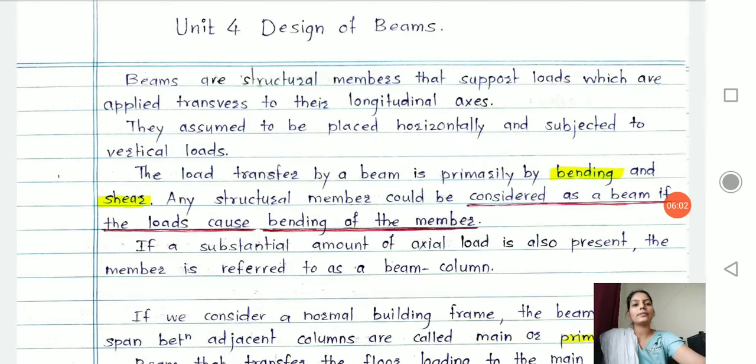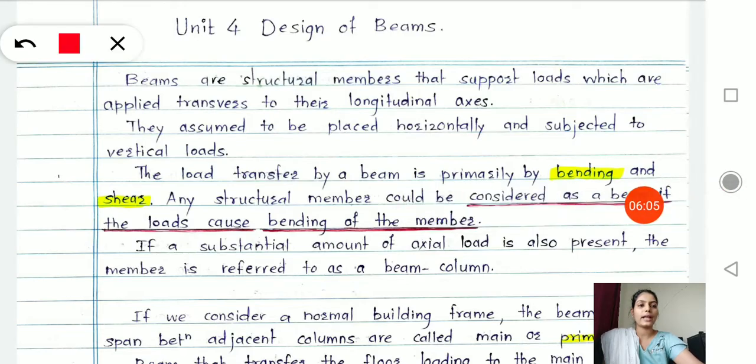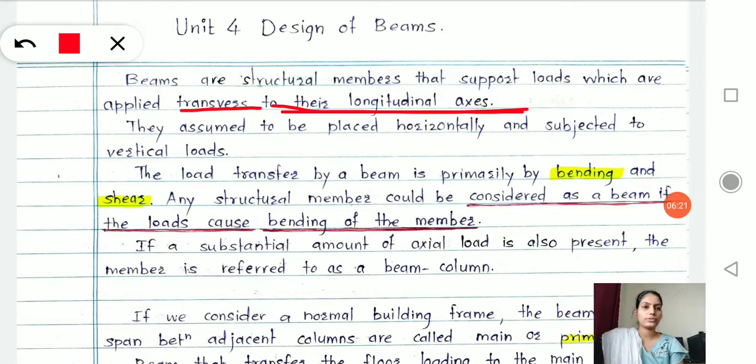On that plane we apply a loading, and that plane is called the transverse plane. This transverse plane is transverse to the longitudinal axis. Simply you can say that it is the plane not passing through the central axis, but it is perpendicular to the longitudinal axis.